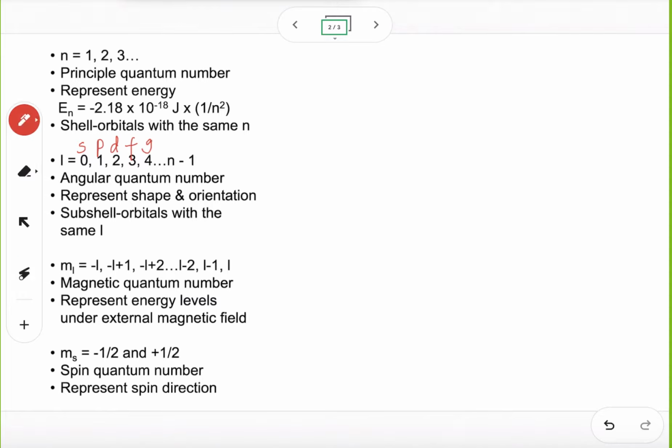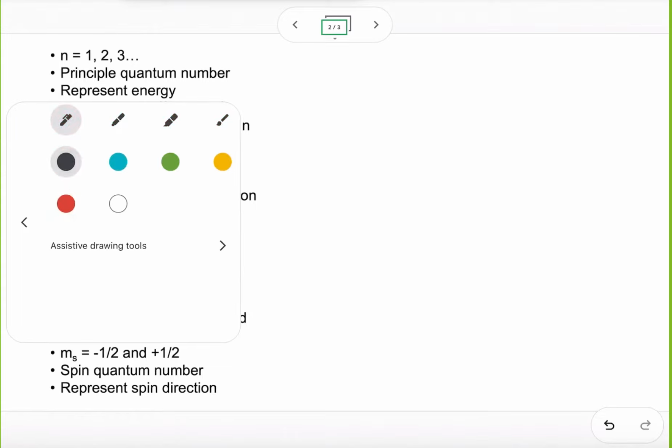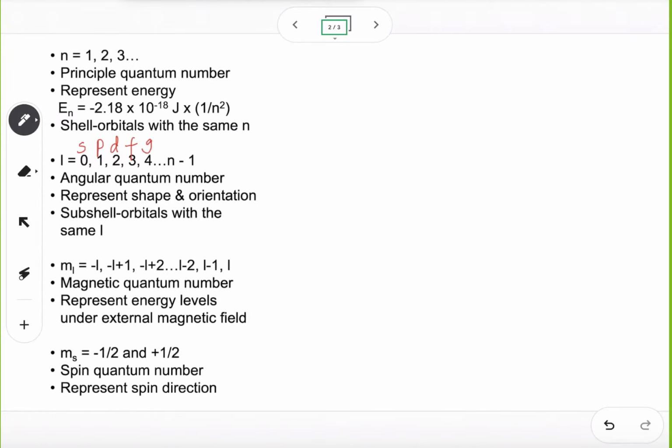Okay, all right. Now these are the four quantum numbers. Now it's time for us to develop the atomic orbitals based on the different values of n. Remember, when we talk about the principal quantum number n, it represents energy. So we will also show you the energy of different n.